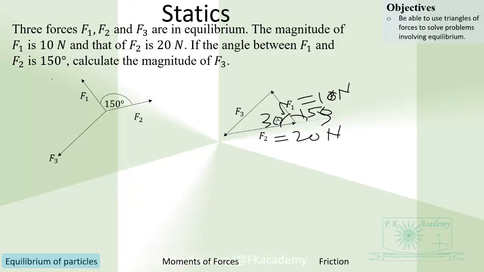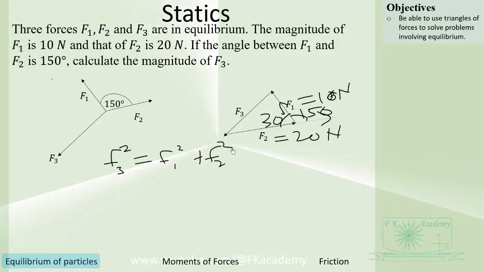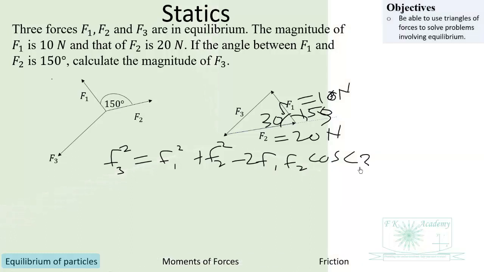So using this acute angle, then we can now find F3. So F3 squared will be equal to F1 squared plus F2 squared minus 2 F1 times F2 cos 30 degrees.